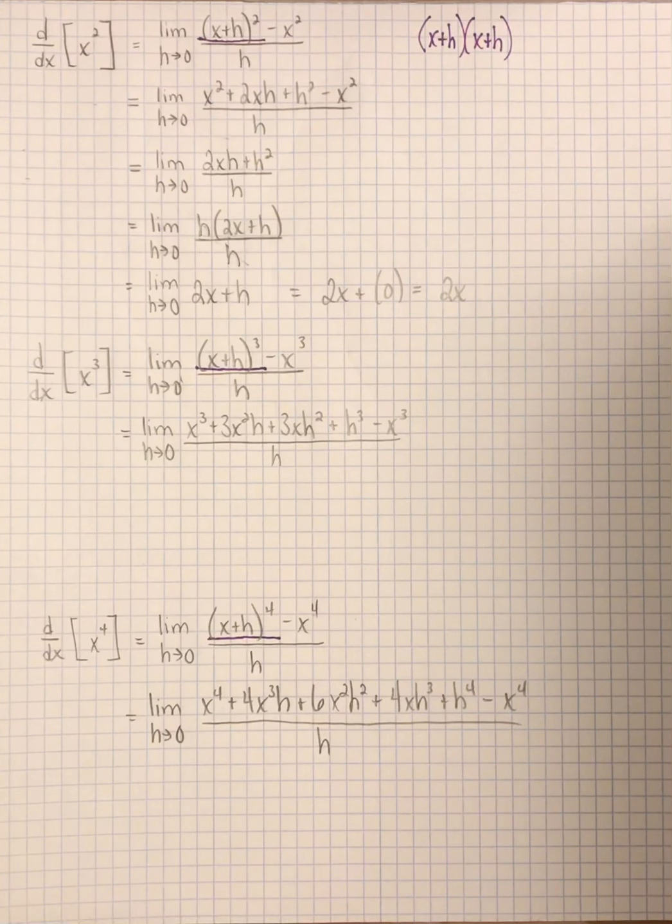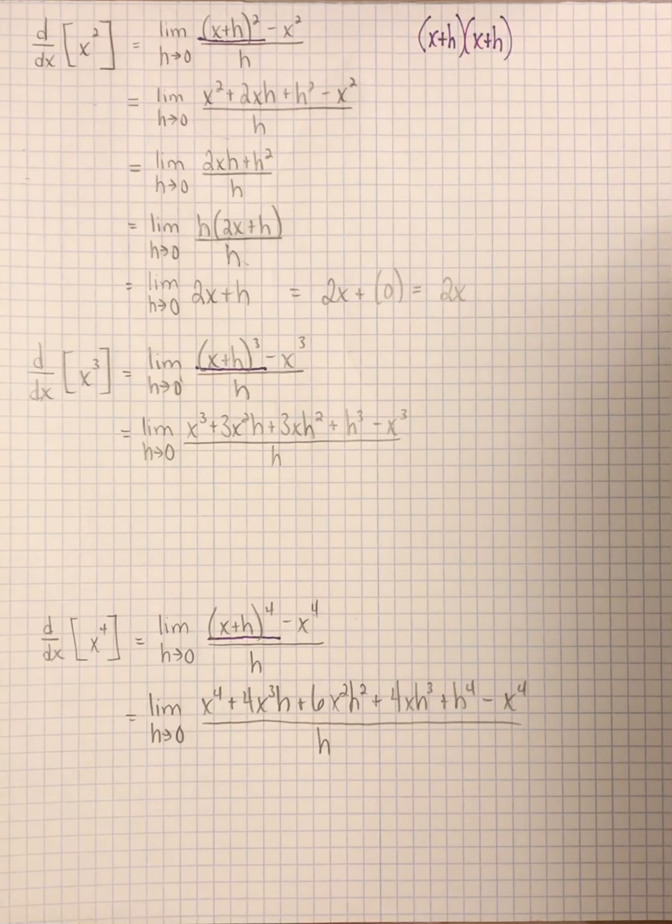And that is going to fix our problem of having h in the denominator, because as h approaches 0, of course, we get a discontinuity in our expression. So we get ourselves down to just the limit as h approaches 0 of 2x plus h, and we substitute 0 for h finally, and we get 2x. And that is in keeping with the power rule that was stated in the PowerPoint.